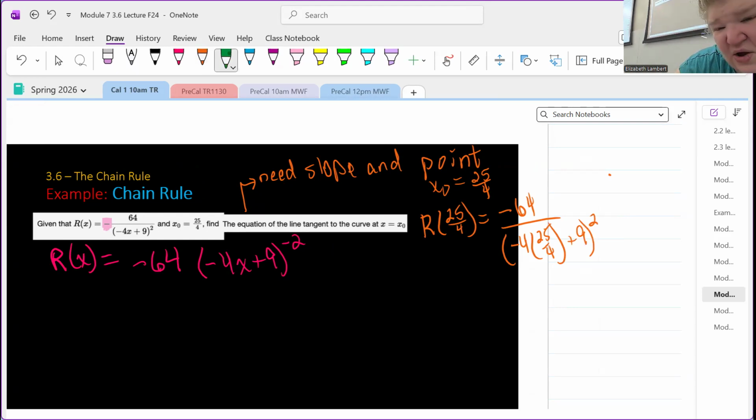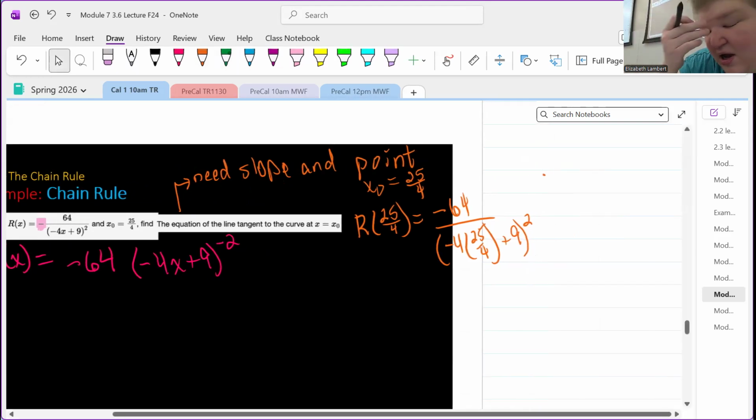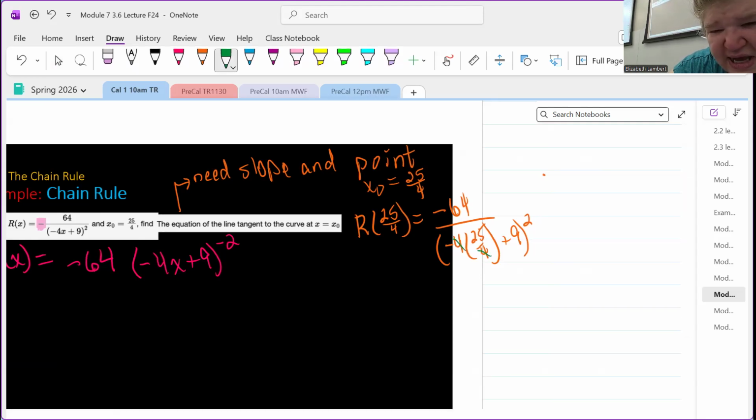So once you have that all written, that is all a calculation. You could type that whole thing on the calculator. I'm going to run through it just because I'm used to doing this by hand. So the 4's cancel. So I have negative 25 plus 9 inside the parentheses there. Negative 25 plus 9 is negative 16.